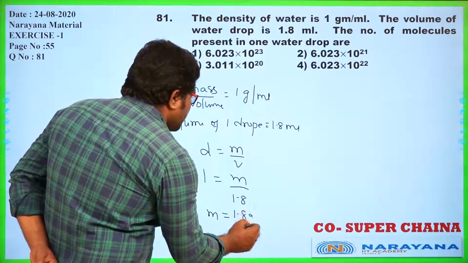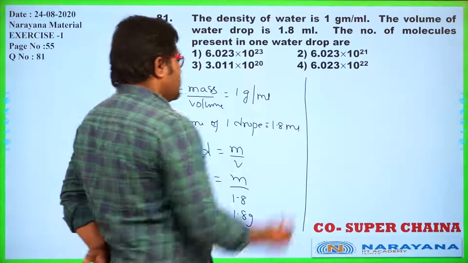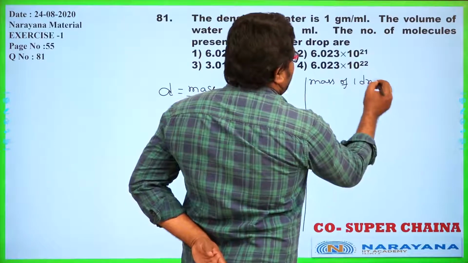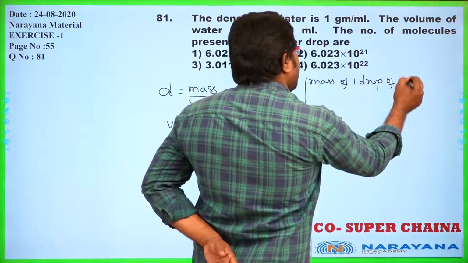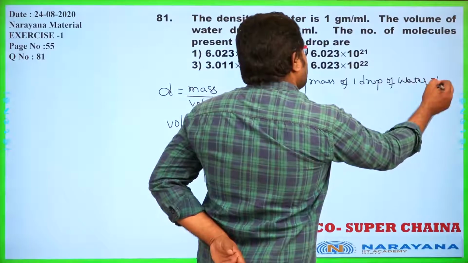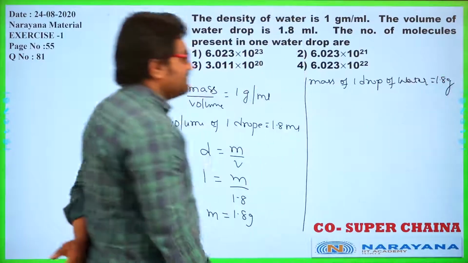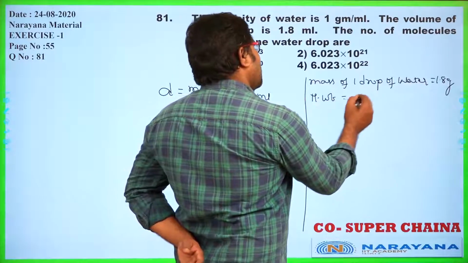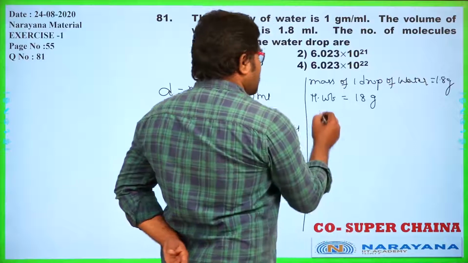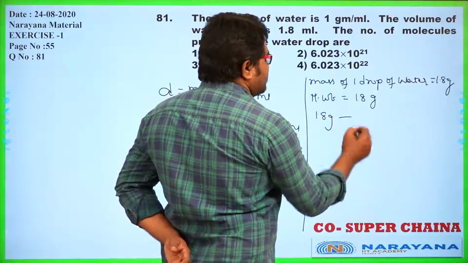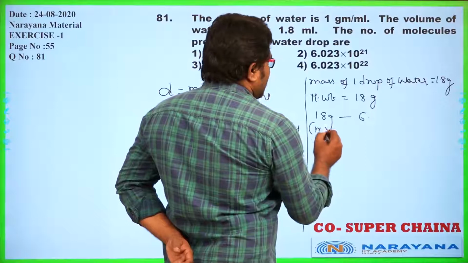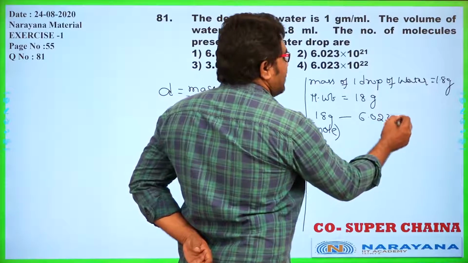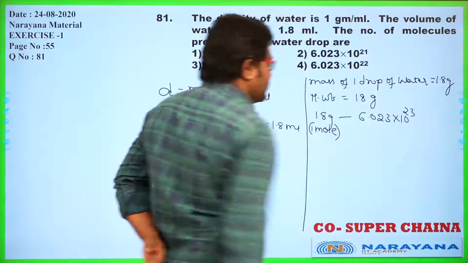Now from that I can calculate the mass of one drop of water. How much is it? 1.8 grams. What is the molecular weight of water here? Molecular weight of water is equal to 18 grams. So 18 grams is equal to 1 mole, and it contains 6.023 into 10 power 23 molecules.